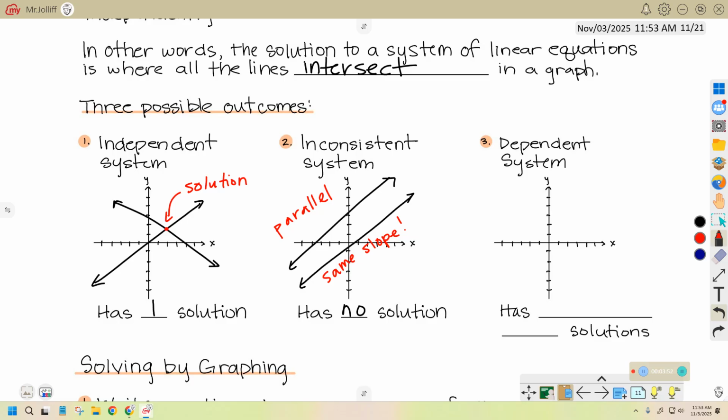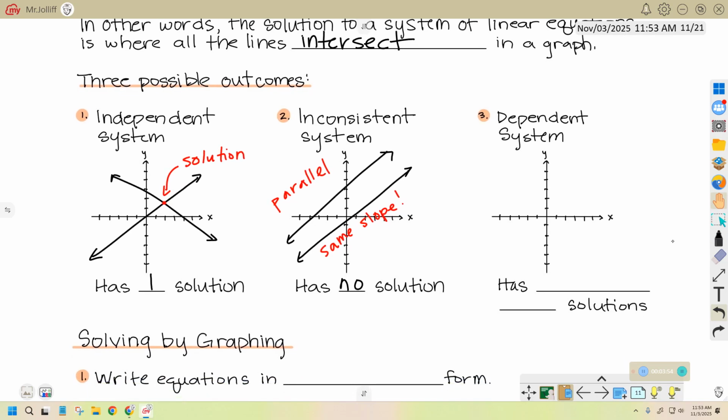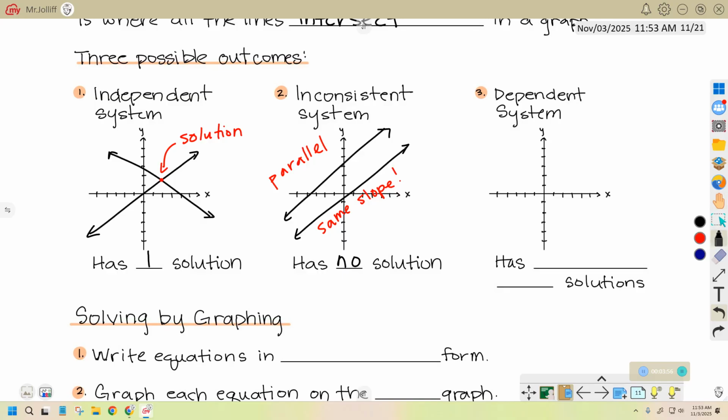And then the last one. They cross once, they don't cross at all, or they are exactly the same line, same slope and same intercept. If that happens, you have infinitely many solutions because the lines are the same line.